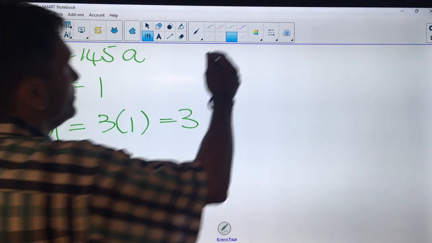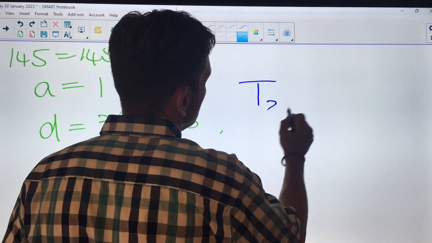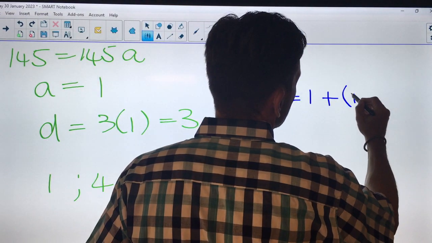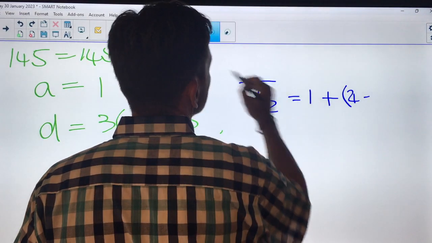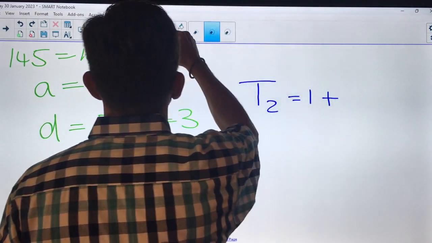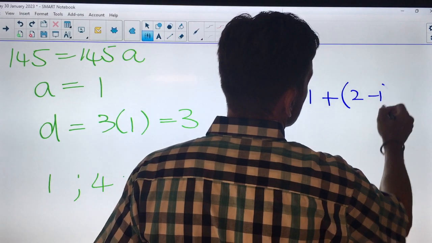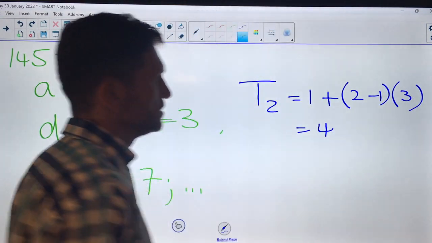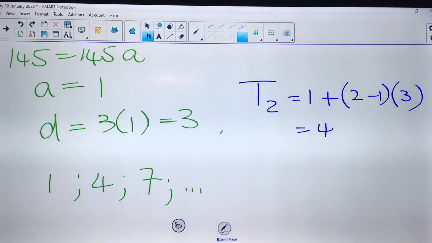If I use the formula to do that, I can go with 2. My A value is 1, 2 minus 1, times the D value, which is 3. So there's your 4. But if you have that, you can just add whatever you find works for you.